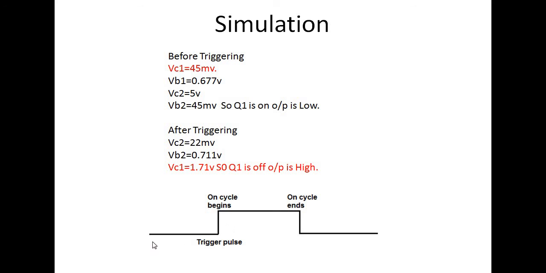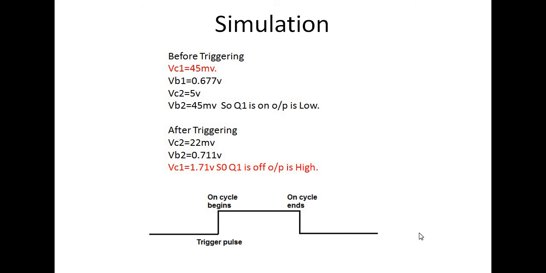Look at the output here. Before applying the triggering, output is 0. The moment we apply the triggering pulse to the base of the left side transistor, output changes from low to high. The duration of high depends on the RC time constant. Once that time constant elapses, it again comes back to 0.